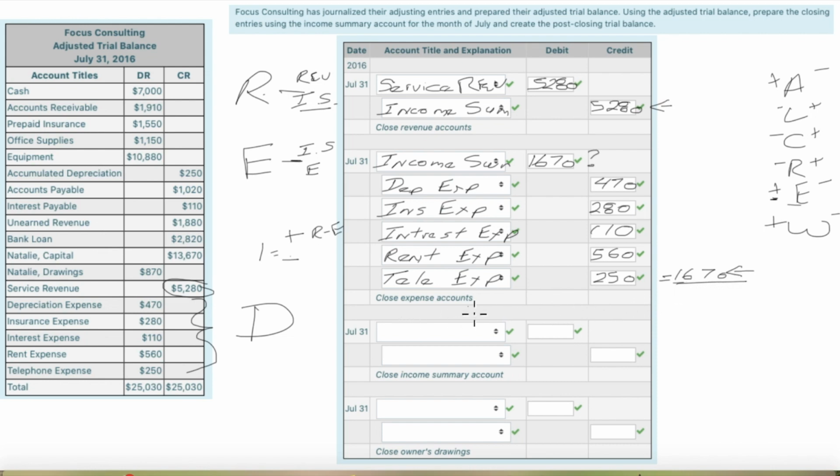And if we did the math, revenue minus expenses should give us a positive number of 3,610, right? And it's a positive, so therefore it's a net income. So we know that we can use the net income example. So in that case, income summary comes first.